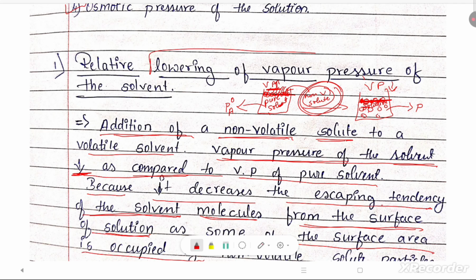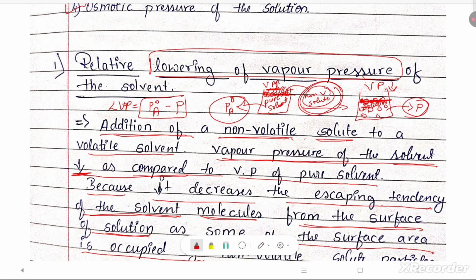That's why they call it lowering of vapor pressure. It is the difference between these two. Before, how much was it? That is P0A minus P. This is the lowering of vapor pressure.